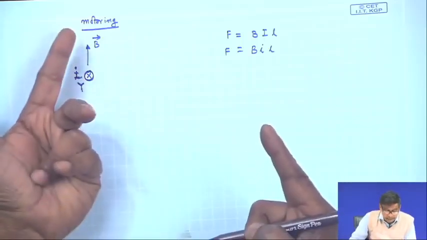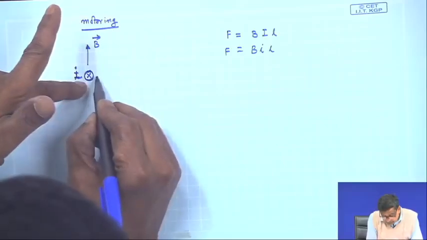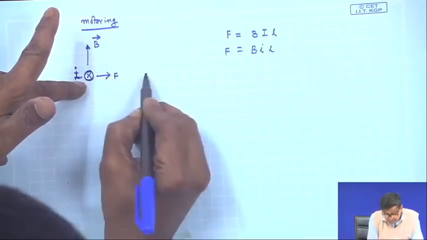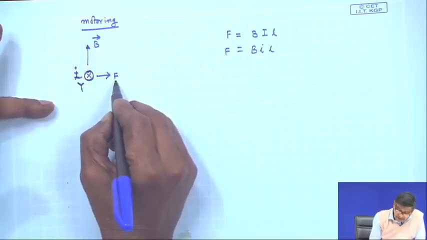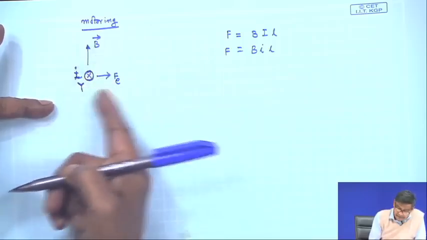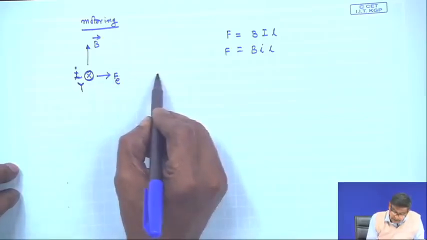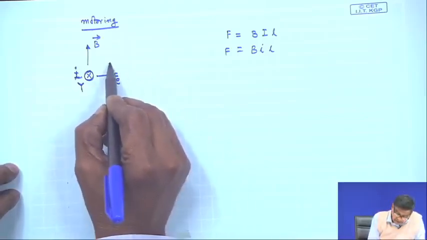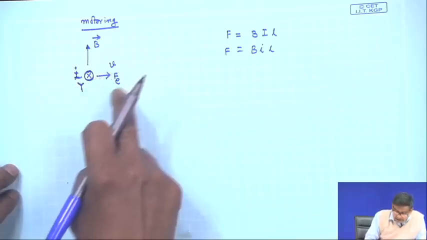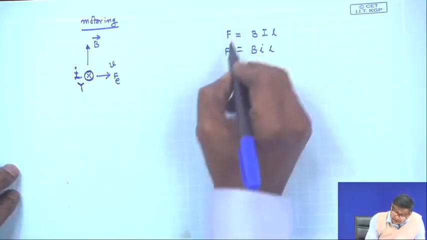If this is B, and this is i into the paper, the conductor will experience a force F, and this force is called electromagnetic force because of the introduction of B and i, Fe will be there. So, it will start moving along this direction. Therefore, the direction in which the conductor will start moving is decided by the direction of Fe, the electromagnetic force.